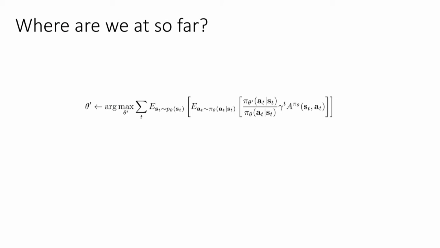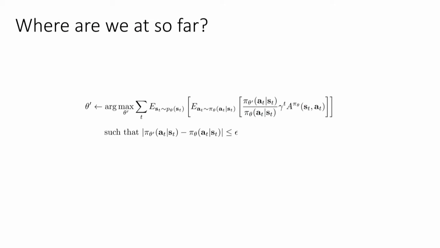All right, so where are we at so far? Where we're at so far is that if we can maximize this thing with respect to theta prime, we'll get a better policy, but only if pi theta prime doesn't get too far away from pi theta. So we quantified too far away in terms of total variation divergence, so that suggests that we can try to solve a constrained optimization problem.